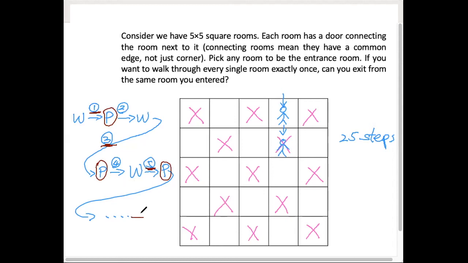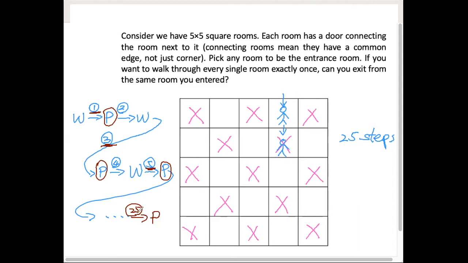That means if this number is 25, the room we're going to enter is going to be a pink room. However, our goal is to return to the same room we entered, which is a white room here. Then we end up with a contradiction, because if the room color is not the same, how can we end up in the same room?